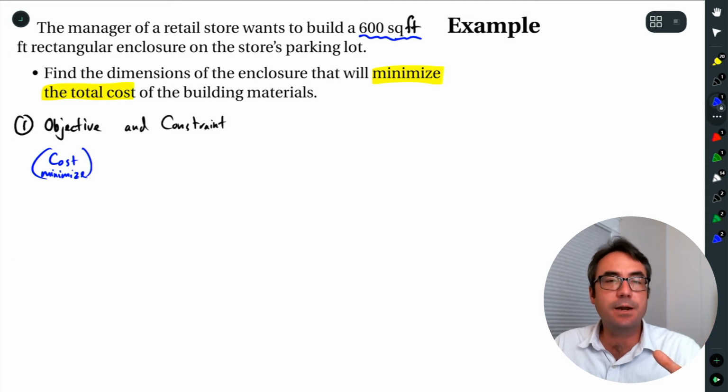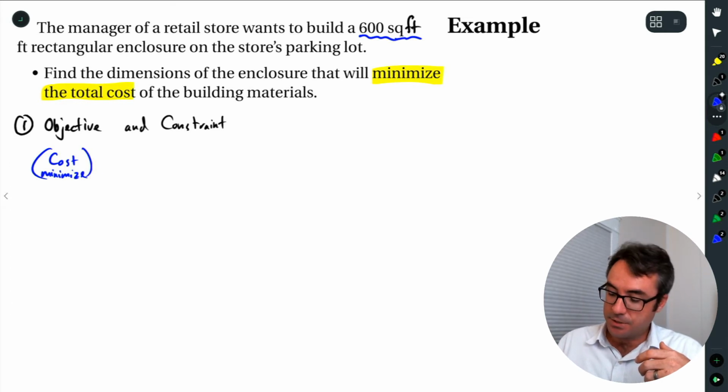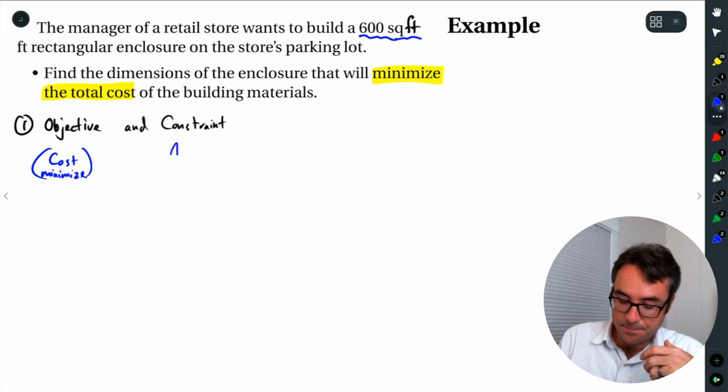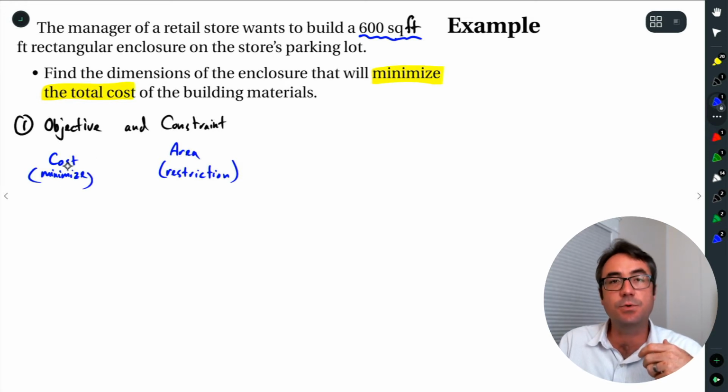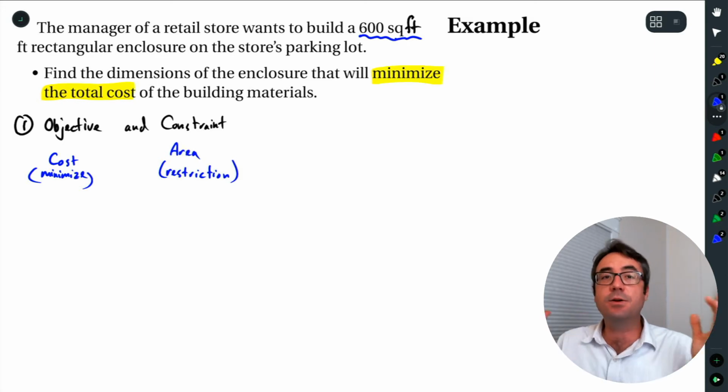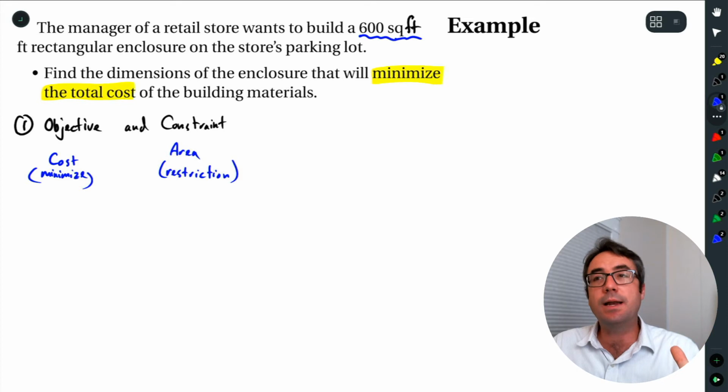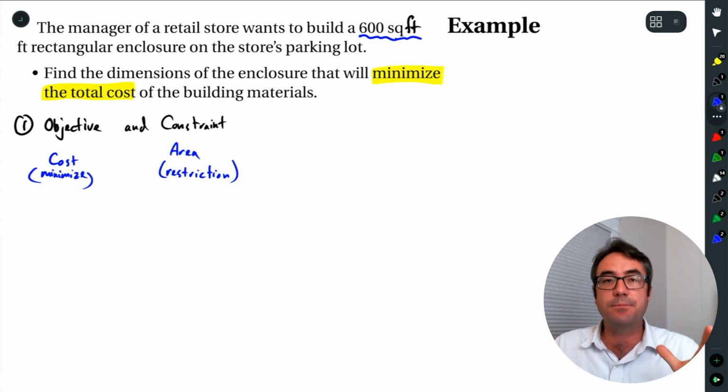It's restricting what our area can be. It's putting some restriction on what x and y can be. So our constraint here is going to be the area. Again, with constraint, you're looking for some restriction to your variables. So our cost is what we're trying to minimize, so it's the objective. Our constraint is the area because we can't just build any old rectangular enclosure. No, we want it to be 600 square foot. So that puts some limitation on what we can do.